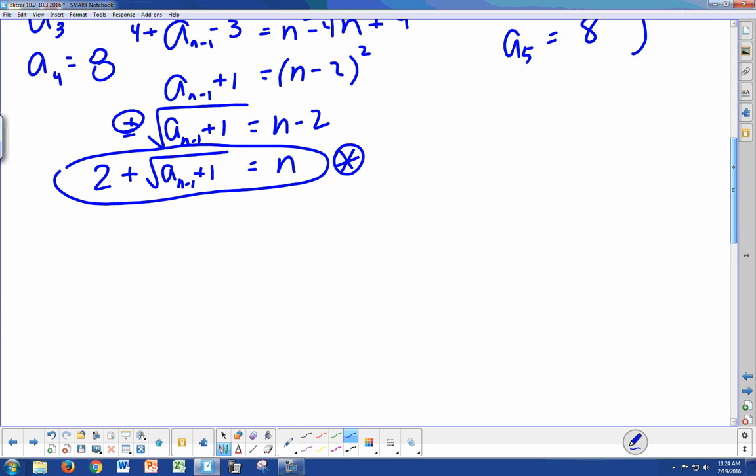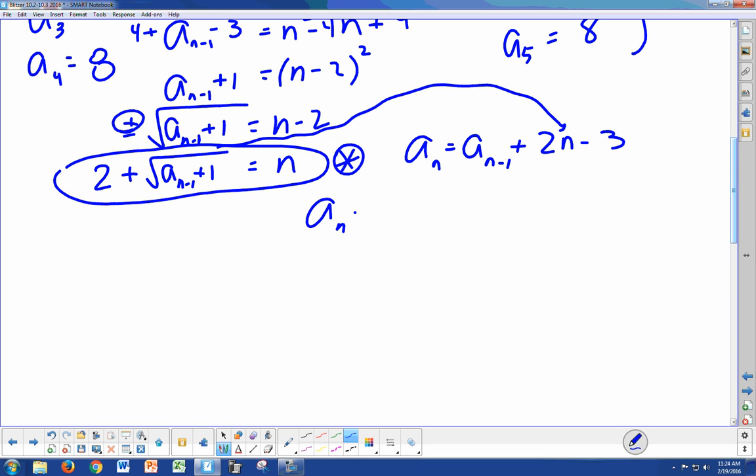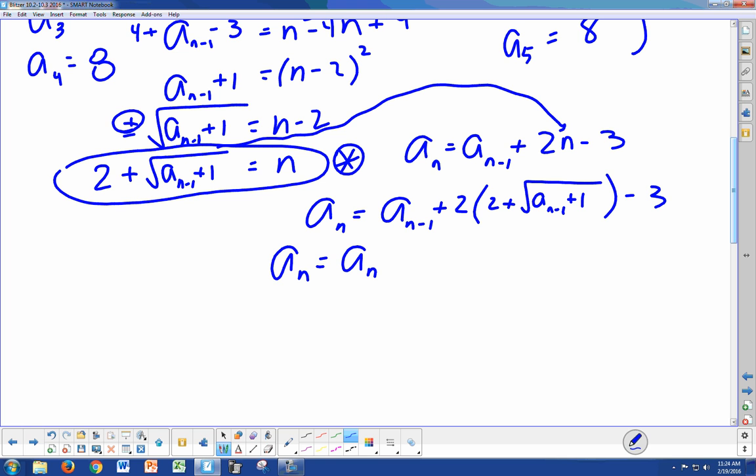So let's try this. We know that a sub n is equal to a sub n minus 1 plus 2n minus 3, and I believe I can just plug this guy right there, and let's see what we come up with. A sub n is equal to a sub n minus 1 plus 2 times the quantity 2 plus the square root of a sub n minus 1 plus 1, minus 3, or a sub n is equal to a sub n minus 1 plus 4 plus 2 times the square root of a sub n minus 1 plus 1, and then that's minus 3.